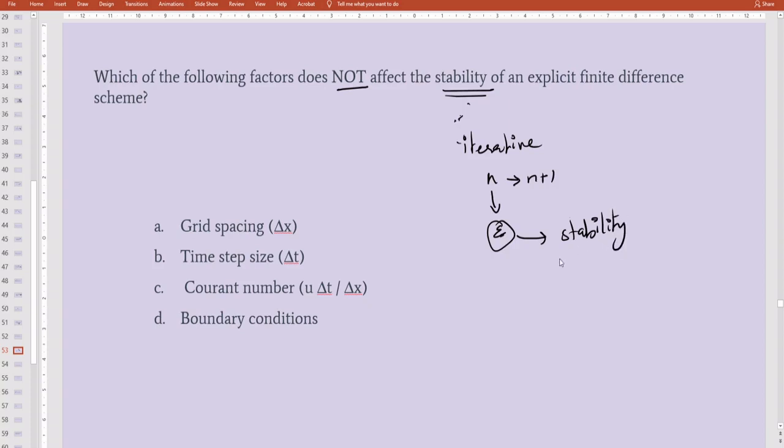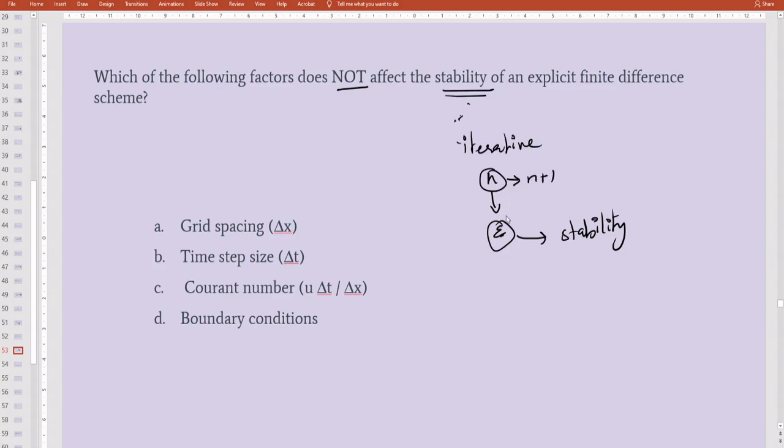So we can check the stability of numerical schemes by doing a stability analysis or perturbation analysis, where we purposely induce some error epsilon in our discretized equation at the nth step, nth iteration.